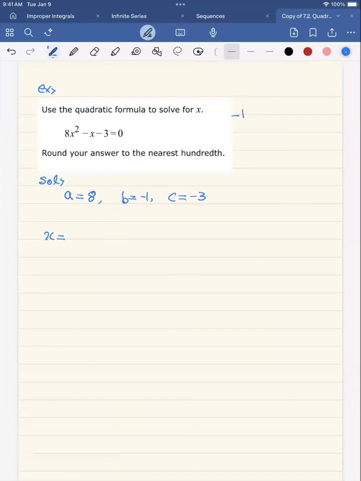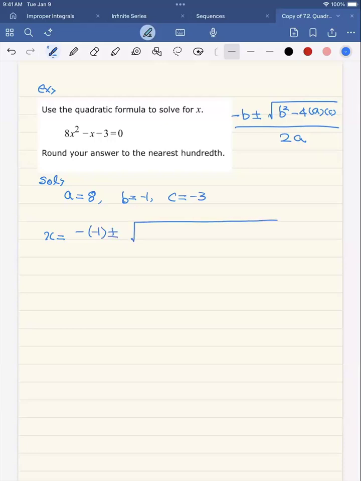Let me write down again minus b plus or minus square root of b squared minus 4ac over 2a. So x equals minus b, which means minus of minus 1, plus or minus square root of b squared, which is minus 1 squared, minus 4 times a is 8 times c is minus 3, over 2 times a.